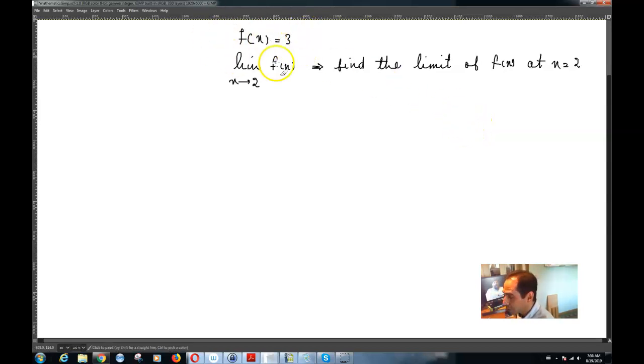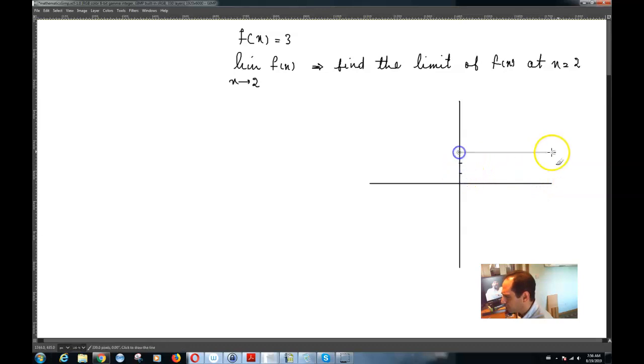Since this is a constant function, you know that it has the same value throughout the whole domain of the function. For example, with 1, 2, and 3 and x and y over here, this is f of x is equal to 3, so it has the same value all throughout.